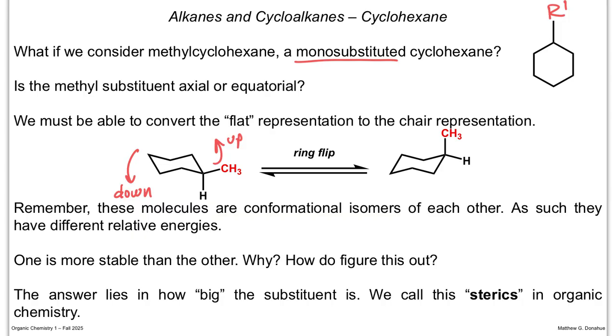So when you do these problems, you have to absolutely draw both chair conformers and then determine which one has the maximum number of equatorial groups. The size of the substituent, for organic chemistry, the word that we use is sterics. So we would say steric hindrance.